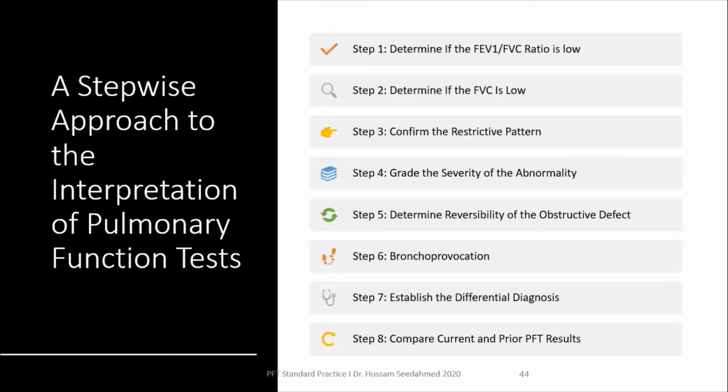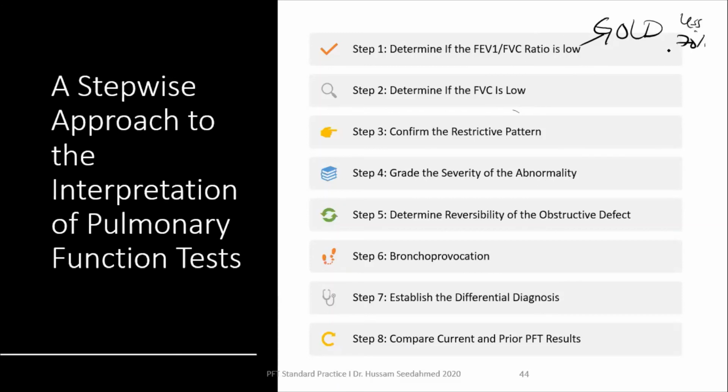So now let's look at the steps. Step 1, determine if the FEV1/FVC ratio is low. Here there are 2 options to determine if the ratio is low. The first option is to use GOLD, which uses a cutoff point of a ratio less than 70%.